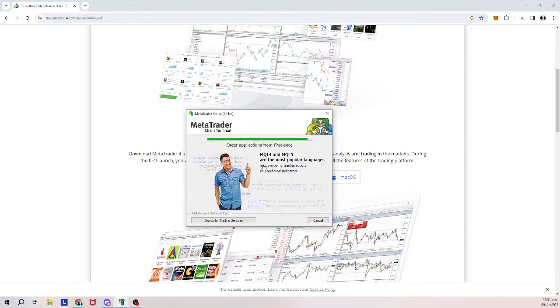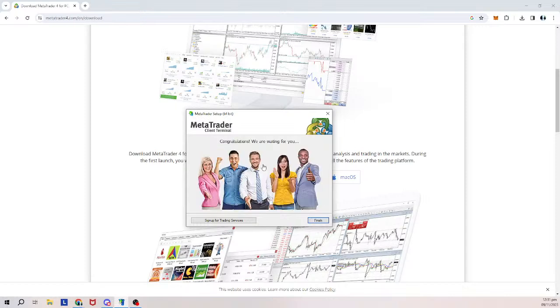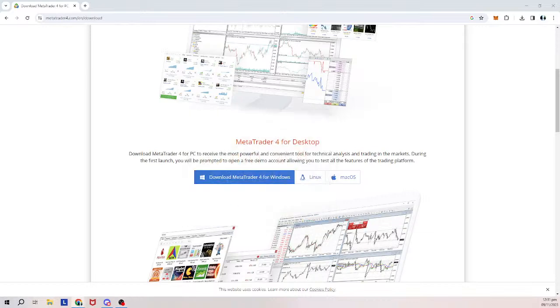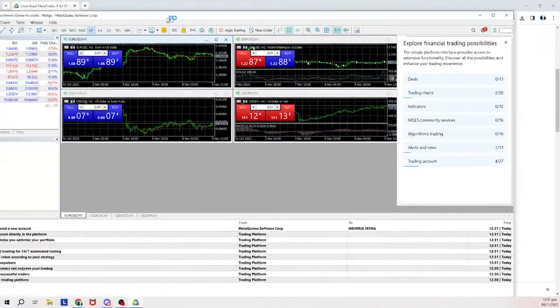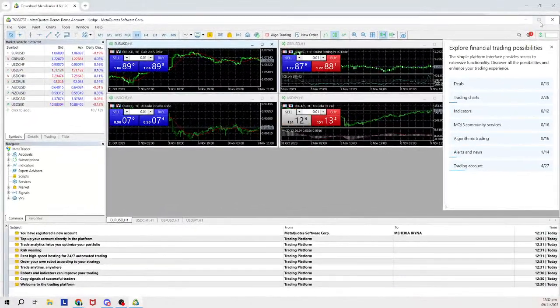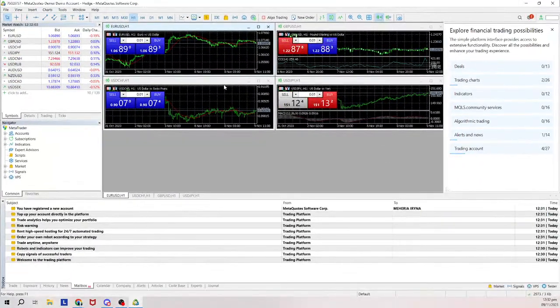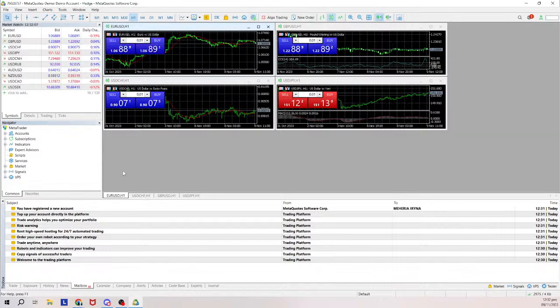You're basically trading the potential movement that you're expecting in the market. It can be either a positive or a negative movement.